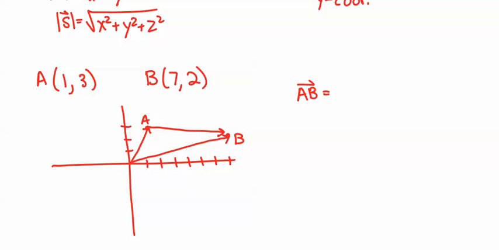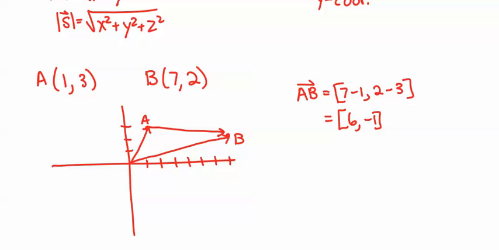So that vector is found by subtracting our coordinates. So by doing 7 minus 1 and 2 minus 3, which would leave us 6, negative 1.